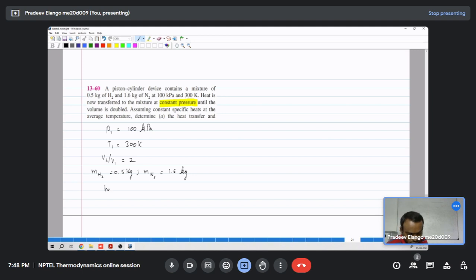So the work done is P delta V. Heat transfer is delta U plus W, and here W is given by P delta V. We have to calculate the internal energy change.